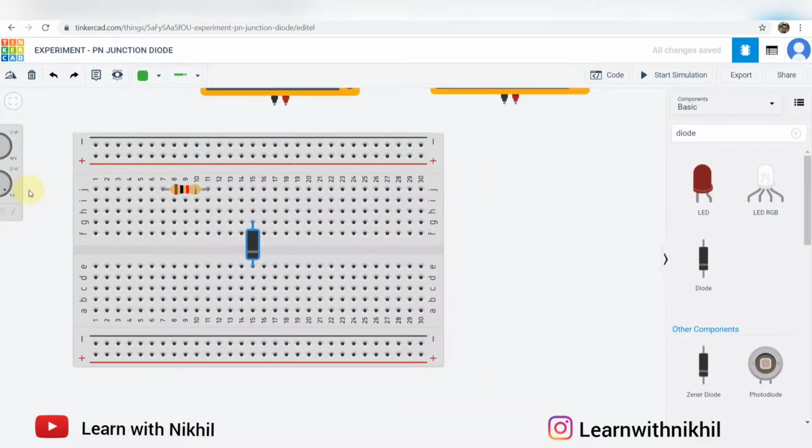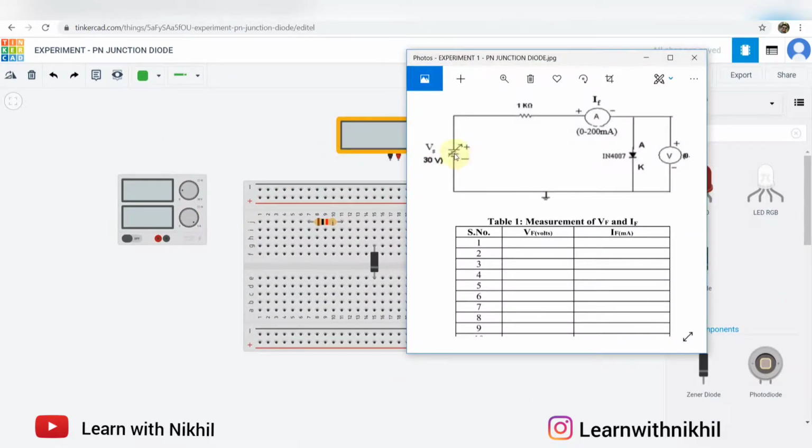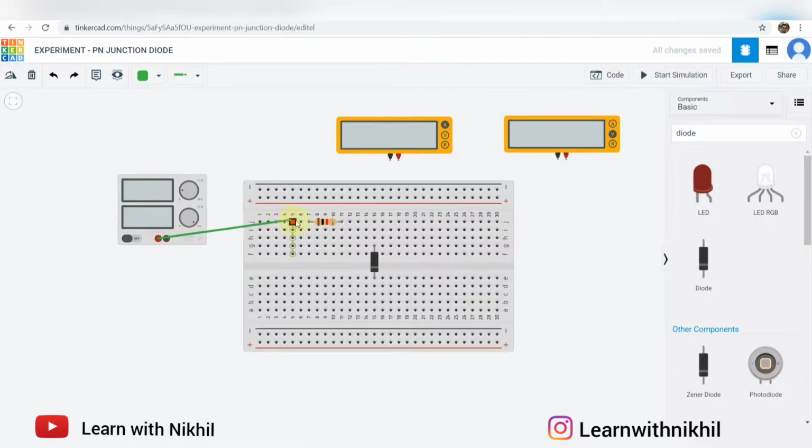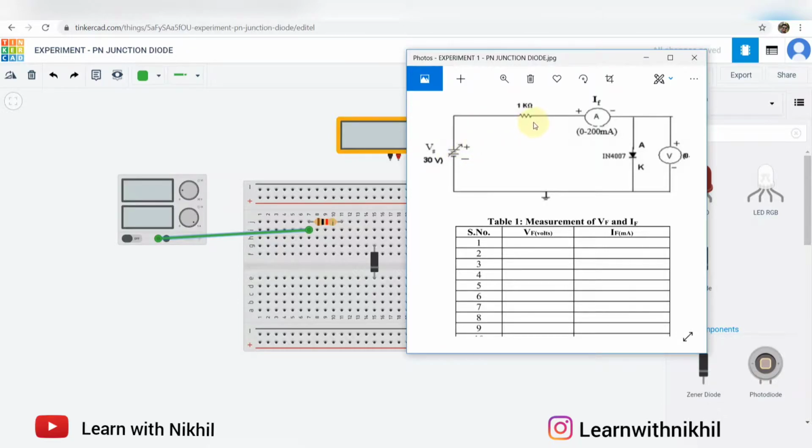So as you can see, breadboard connection is like the actual breadboard. Now positive of the power supply is connected to first terminal of resistor. Second terminal of resistor is connected to positive terminal of ammeter.